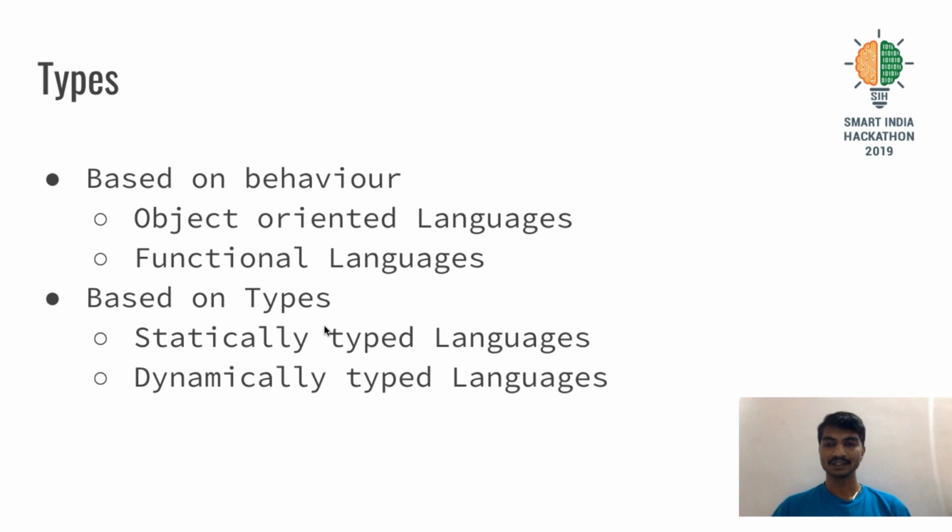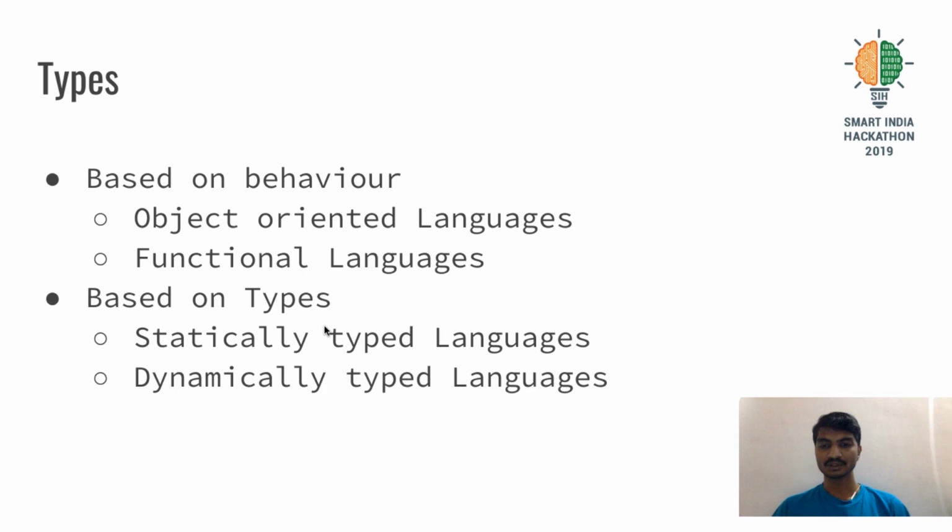We can separate languages into two different categories, as given here. One is based on behavior and the next one is based on types. Based on behavior, we can separate the languages into object-oriented languages and functional languages. Based on types, we can segregate them into statically typed languages and dynamically typed languages.